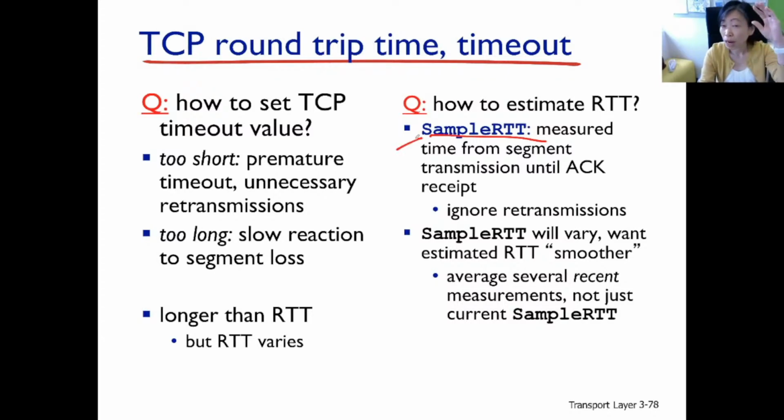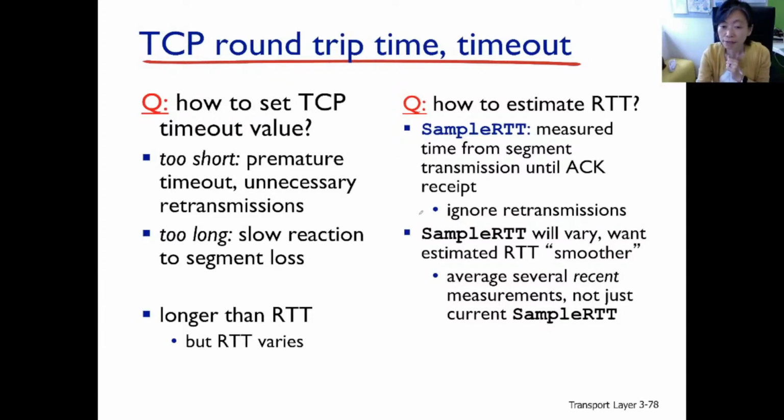Now, there will be a lot of these sample RTTs, one for each data and ACK pair, but we will ignore the data and ACK pairs due to retransmission. Some of the data might get lost and therefore get retransmitted. When we receive an ACK for such data, it could be confusing: what is the right data sending time to subtract, to be sure that this is really estimating just the round trip time and not covering a premature timeout?